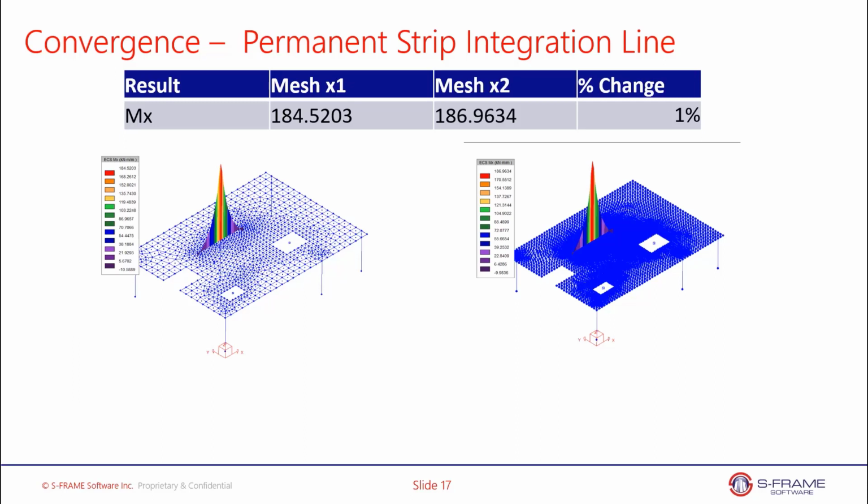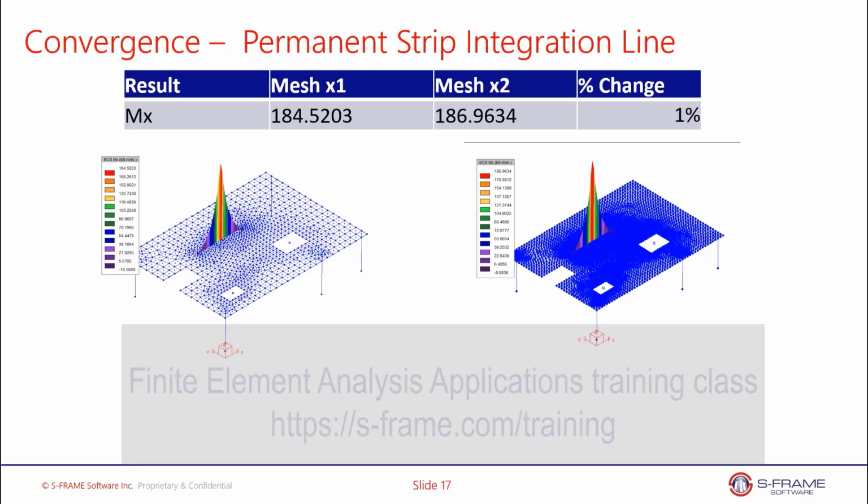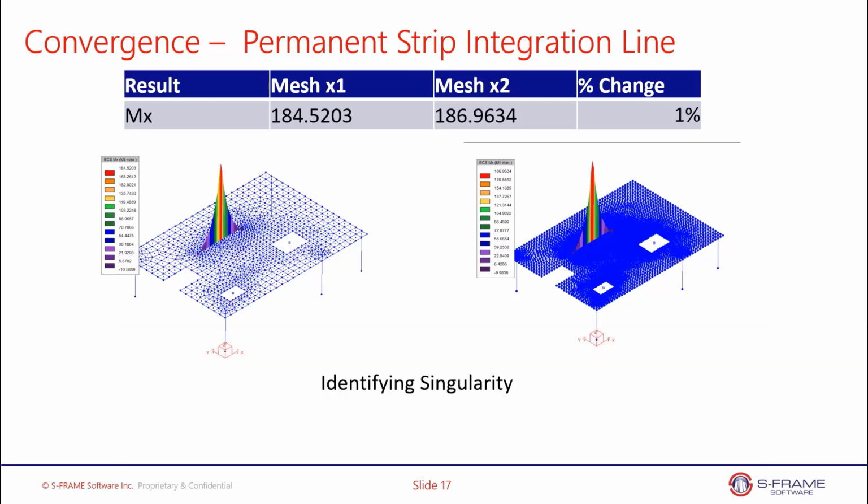These capabilities and more are covered in more detail in our online training course F201. But as you can see here, it's good at identifying singularity. Because we had that one joint coming up into our mesh, it was much better at representing the effect of that than it would be if we were just using slab design contours.